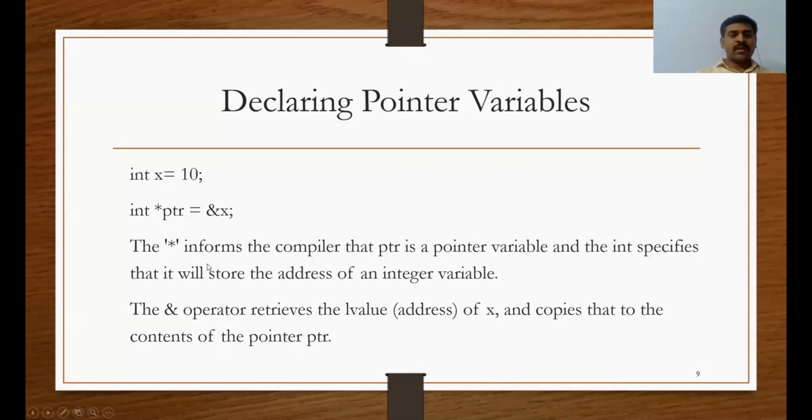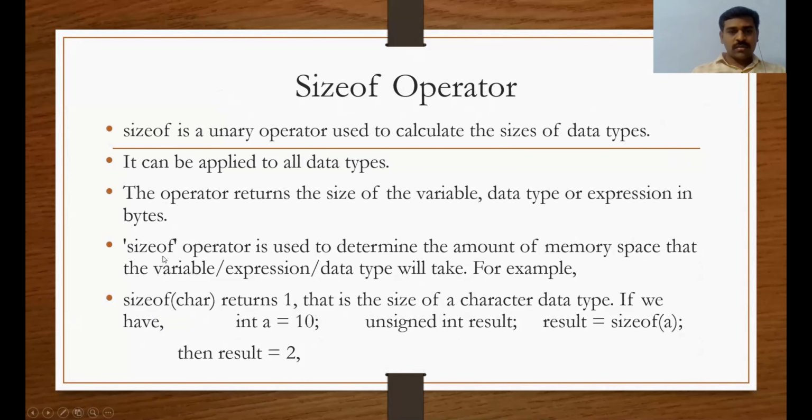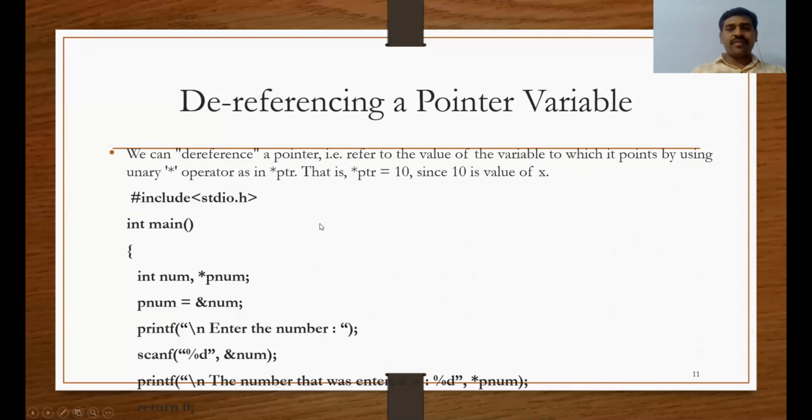Look at this. Dereferencing a pointer variable. We can dereference a pointer, that is, refer to the value of the variable to which it points, by using the unary operator. What is that operator? Star. So if I want to access a variable value, I have to use star ptr.